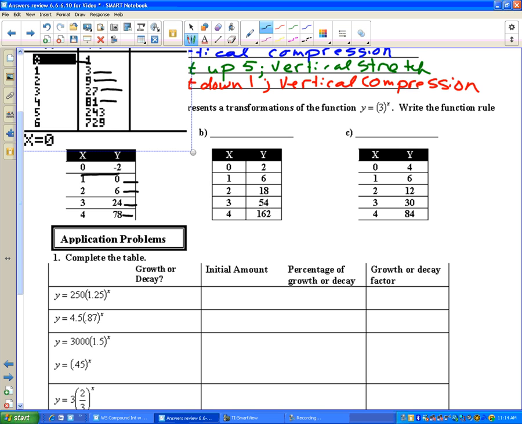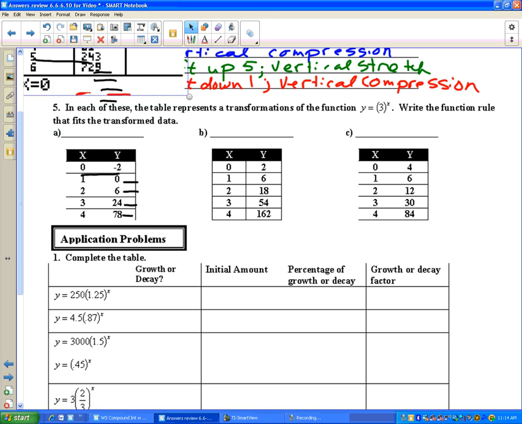So my equation turns out to be y is equal to 3 to the x minus 3.